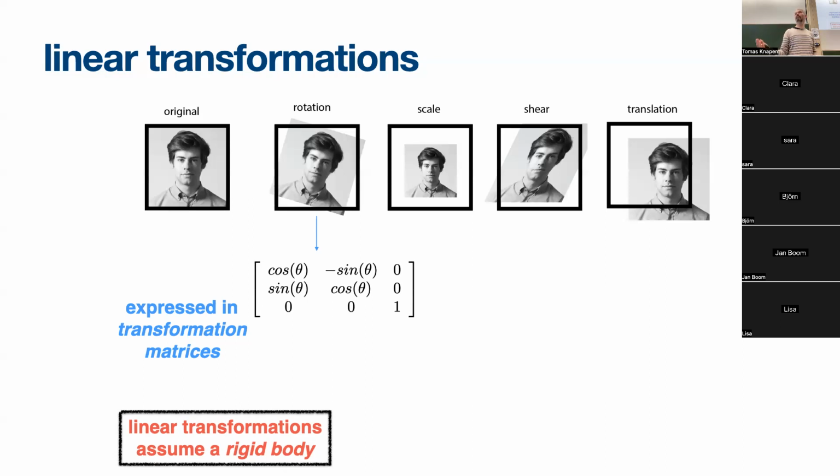If you go to a 3-dimensional image, you have a 4x4 matrix, but for simplicity, I'm only showing you the 2D image and 3x3 transformation matrix case. If you want to rotate something with an angle theta, this is your transformation matrix. Every 2D point in this image, you can multiply with this matrix and you actually end up with a rotation.